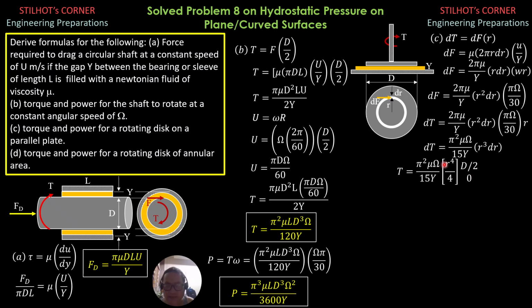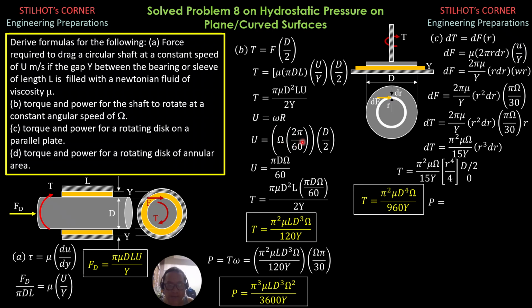Simplifying, r to the fourth is d over 2 to the fourth, that's d to the fourth over 16. 16 times 60 is 960. So torque equals pi square mu diameter to the fourth omega over 960 y.